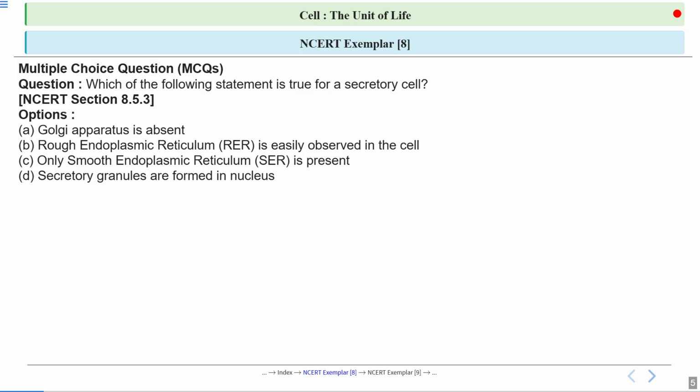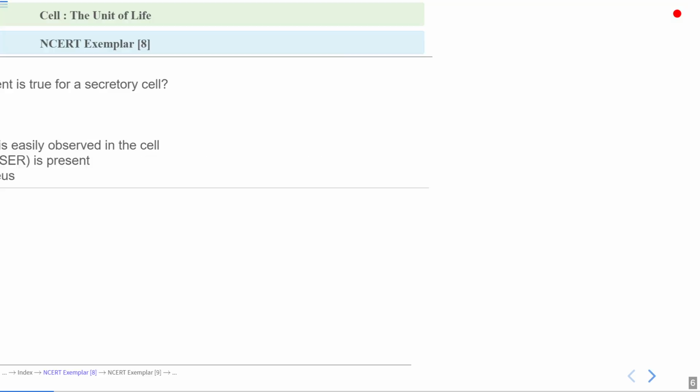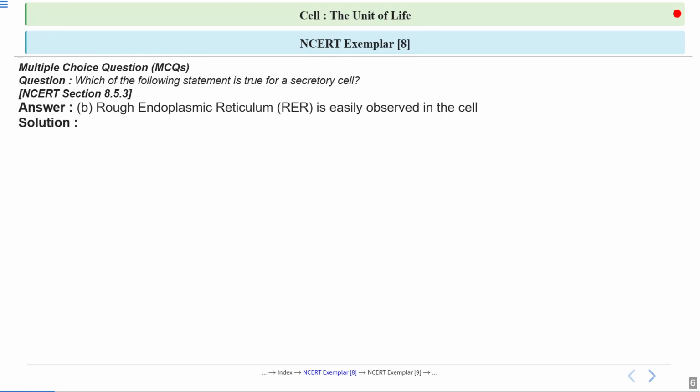So let us see the correct answer of this question. So option B is correct. Yes. Rough endoplasmic reticulum is easily observed in the cells that are secretory in function, that are related to secretory function.